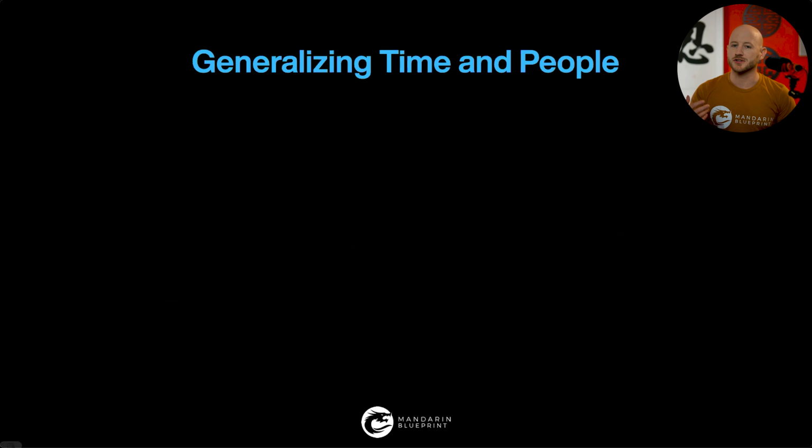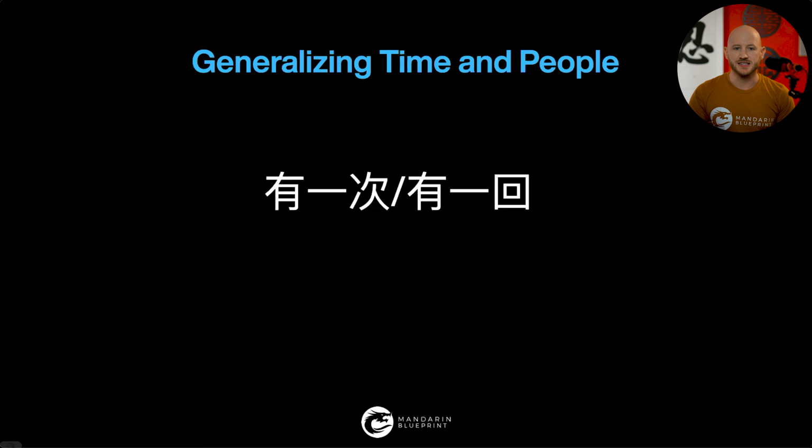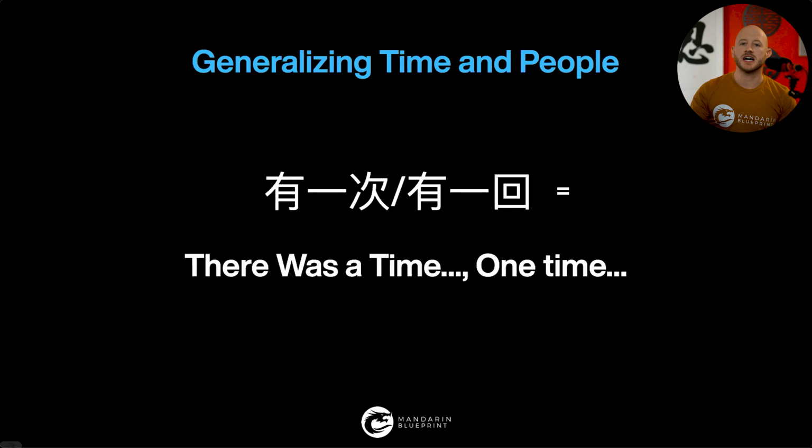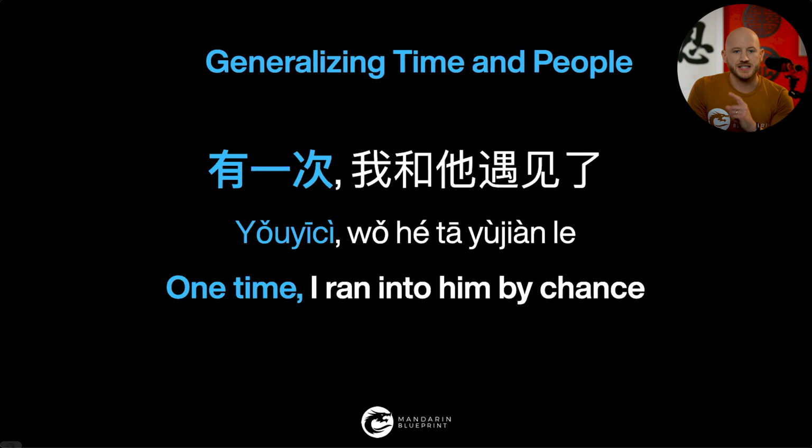But what about this? These are so useful. 有一次 or 有一回. It means there was a time, one time, there once was a time. It's so useful to be able to say this for storytelling. 有一次我和他遇见了. One time I ran into him by chance. Here 次 means time.